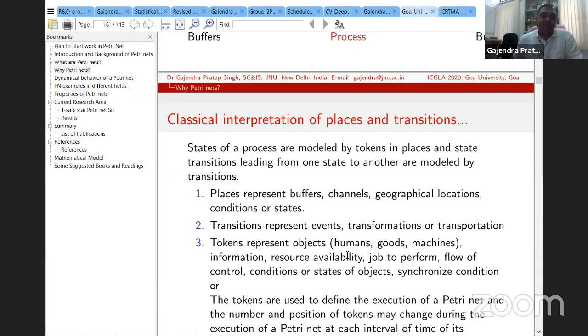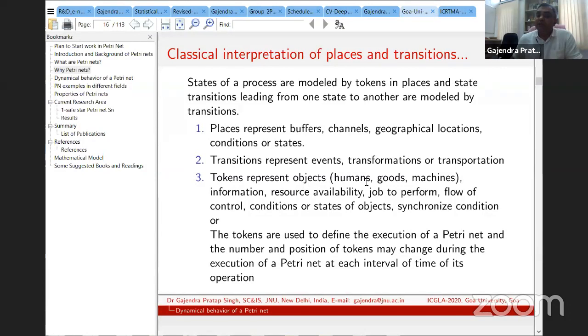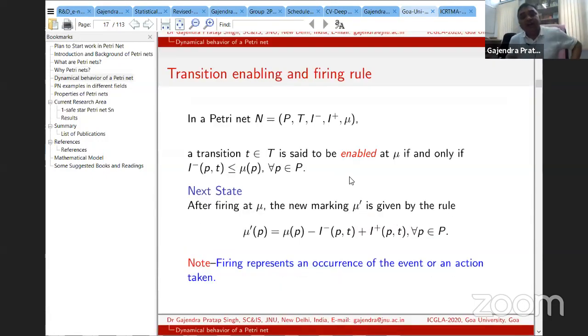And tokens generally represent humans, goods, machines, and are used to define the execution of the Petri net. That means how one state changes for a given state, we can see with the help of marking or tokens. So here is how the movement of tokens works.